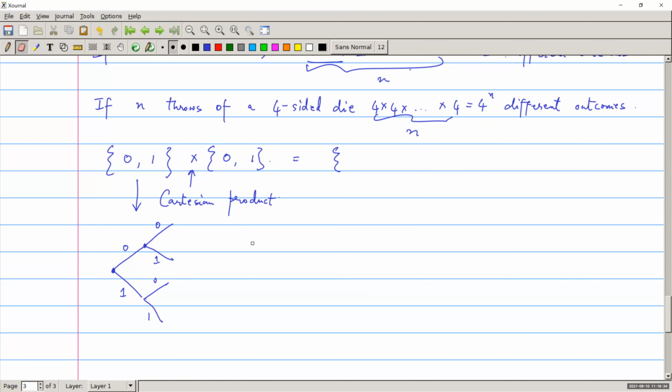So the Cartesian product is the result of combining these. I concatenate every element of the first set with an element of the second set. Let me write this.